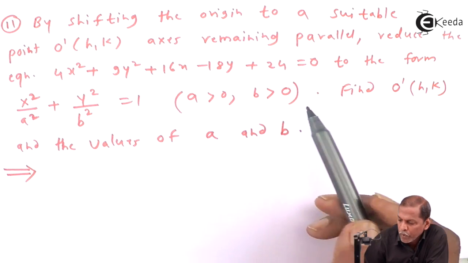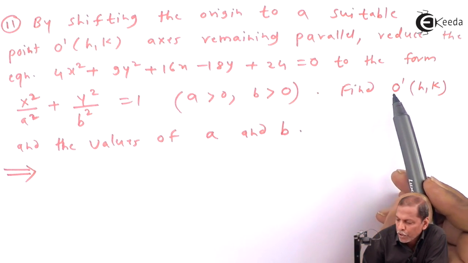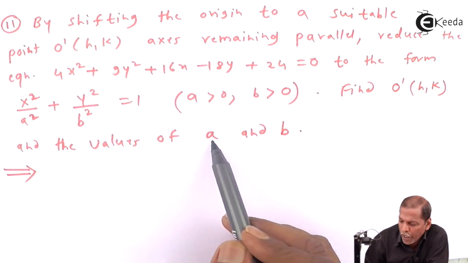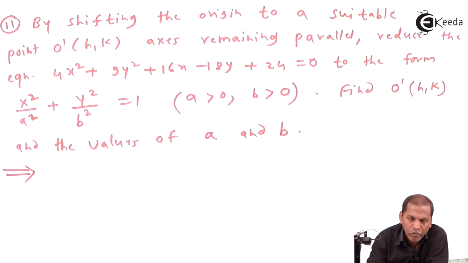Find O dash (h, k) and the values of small a and small b.